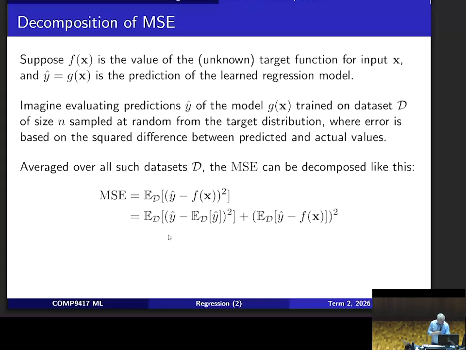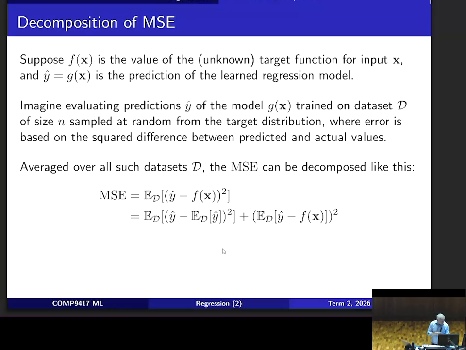And it turns out that you can derive this, and you'll be doing exercises like this, that the two terms are the expectation over all of these data sets of y hat minus the expected value of y hat, squared, plus the expectation over all such data sets of y hat minus f of x, squared.